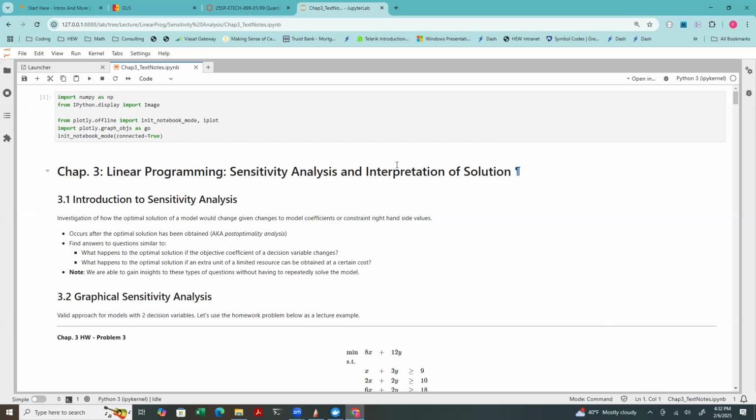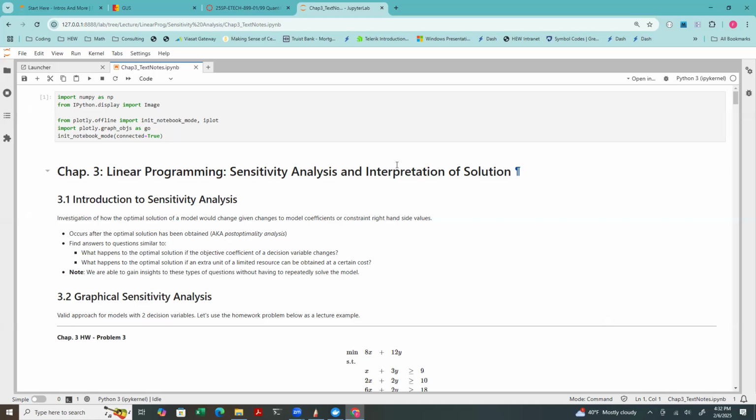What if it can vary slightly one way or the other? If you're off by, let's say, a couple dollars on a profit contribution, will that change my optimal solution? And by optimal solution here, think of the values of the decision variables, because obviously if I change the objective function coefficient, that's going to change the resulting value of the objective function.